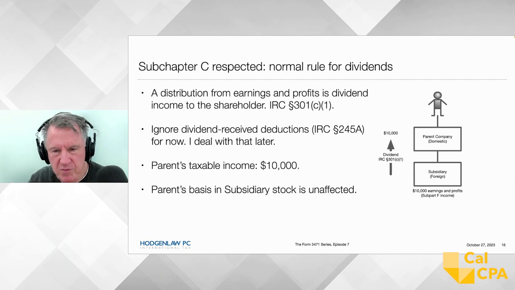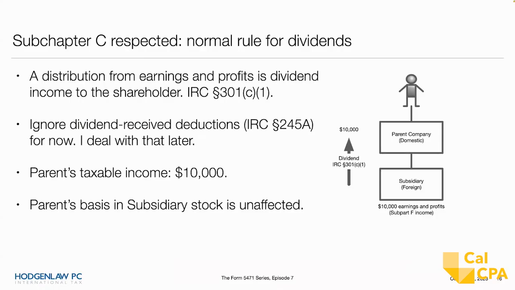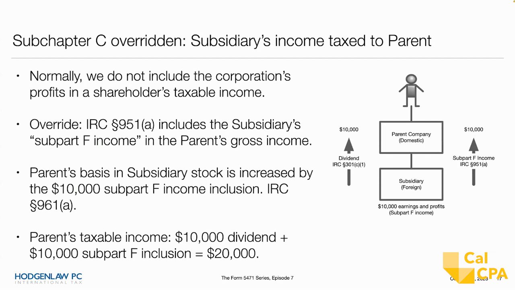So here, just one more time, is how it works. We have a subsidiary and it's got $10,000 of earnings and profits, and I'm using subpart F income just because it's a simpler example. A dividend comes upstream out of earnings and profits. We would expect ordinarily the parent company to have $10,000 of dividend income.